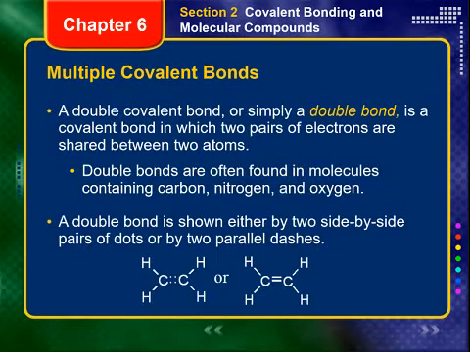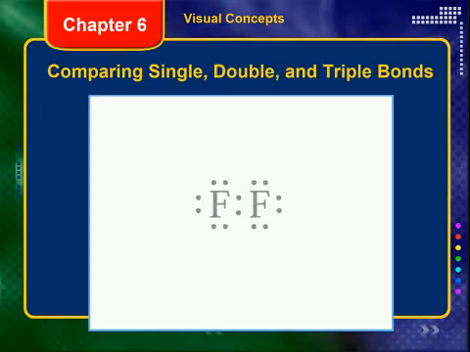Atoms of some elements, especially carbon, nitrogen, and oxygen, can share more than one electron pair. A double covalent bond, or simply a double bond, is a covalent bond produced by the sharing of two pairs of electrons between two atoms. A double bond is shown by either two side-by-side pairs of dots or by two parallel dashes.